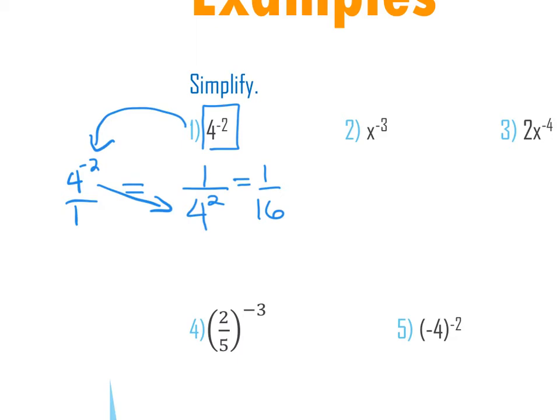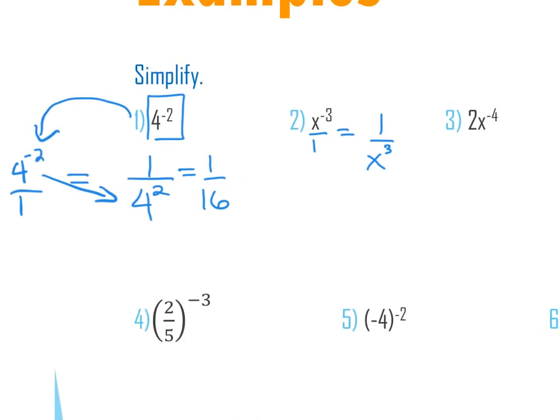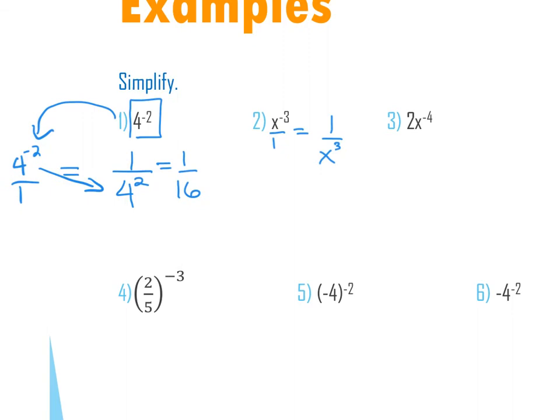The next one, same thing. You could put a 1 underneath here, flip it, and get 1 over x cubed. Now this next one, you need to be careful. This negative 4 is only on the x. There's no parentheses around it.